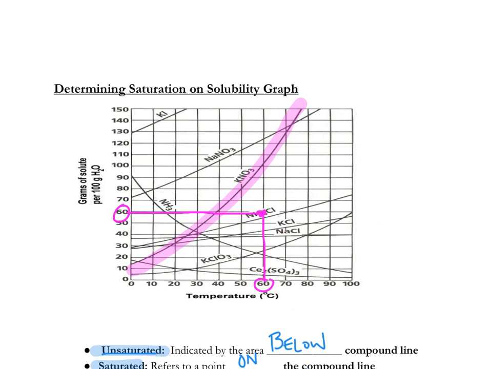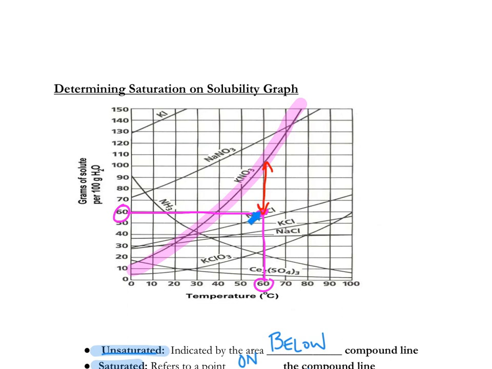All right, here's where I'm at. Now, the question says how much more can be dissolved. You notice that this point of intersection is below my line, so this is unsaturated, which means I can still dissolve more solute into my solution. So I need to figure out how much more I can actually dissolve at this temperature, how much room I have left. All you're doing essentially is counting.